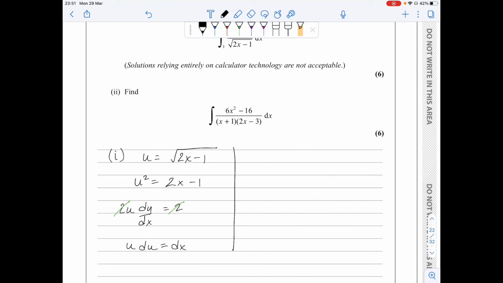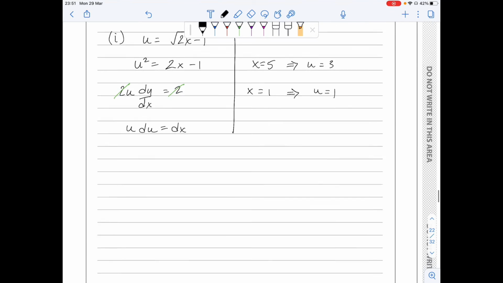I will change the limits as well. x equals 5 implies that u is equal to 3. And when x is 1, this will give me a u value of 1.